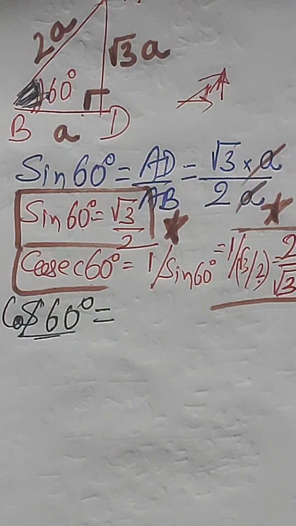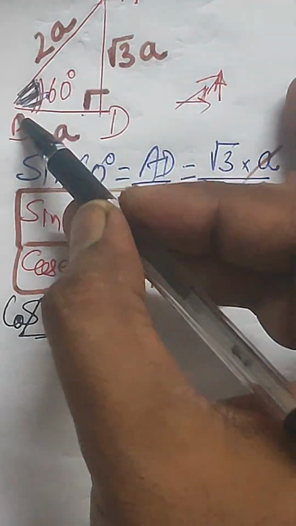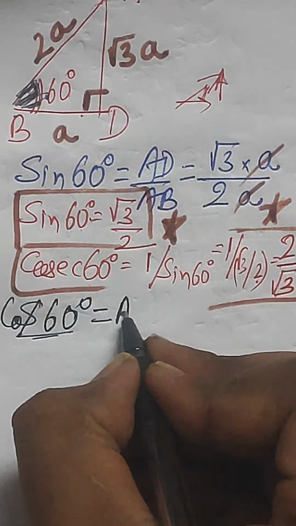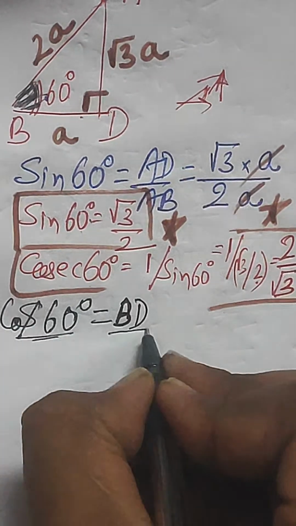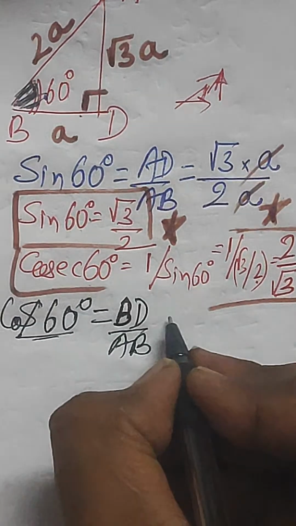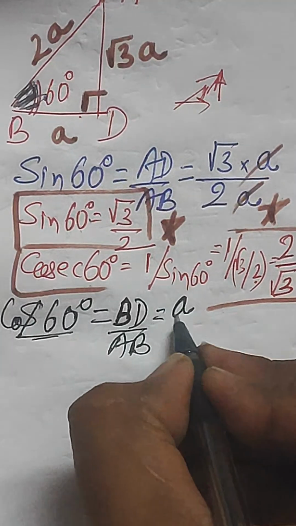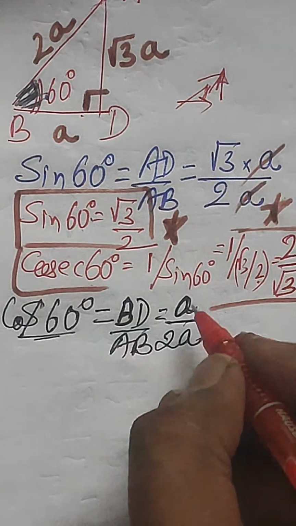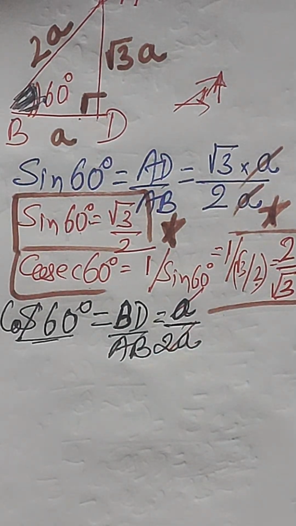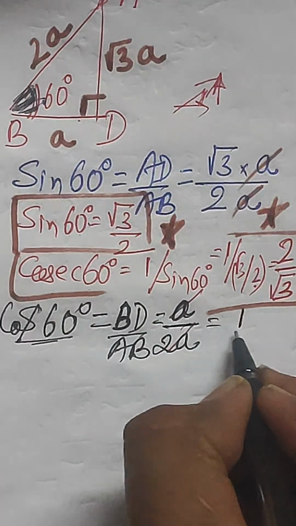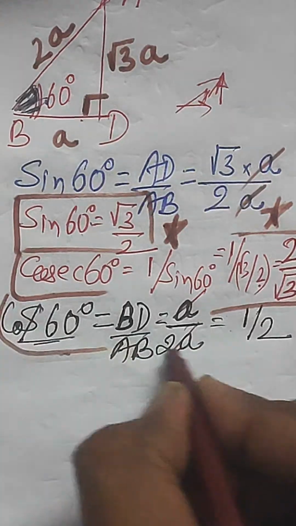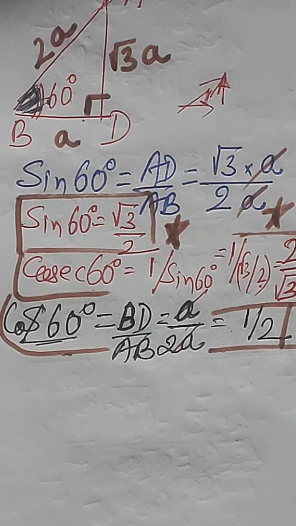So cos 60 degree is nothing but BD by AB. And what is the value of BD? It's A. And what is the value of AB? It is 2A. Here A will be cancelled out, and we get the value of cos 60 degree as 1 by 2. In this way we have calculated the value of cos 60 degree also.